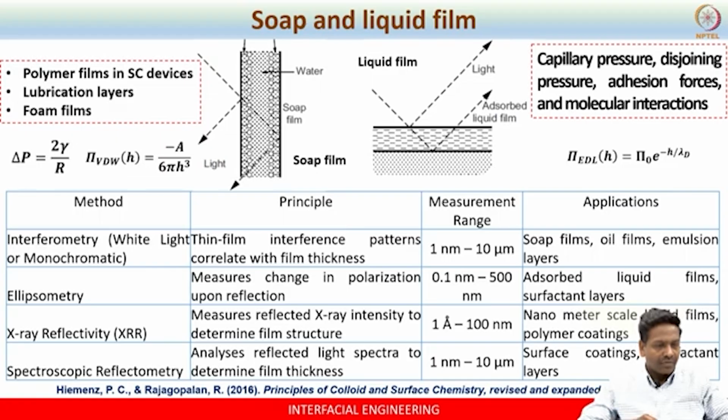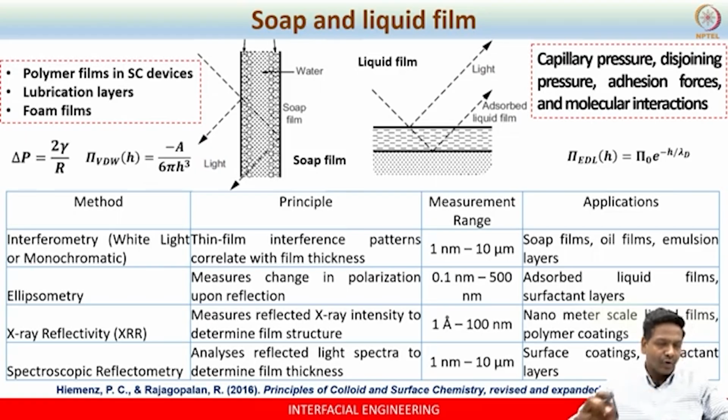So if you want to understand the force of interaction between the soap film and the surface, or liquid film and the surface, you can perform several of these techniques to understand what kind of forces involved, right.